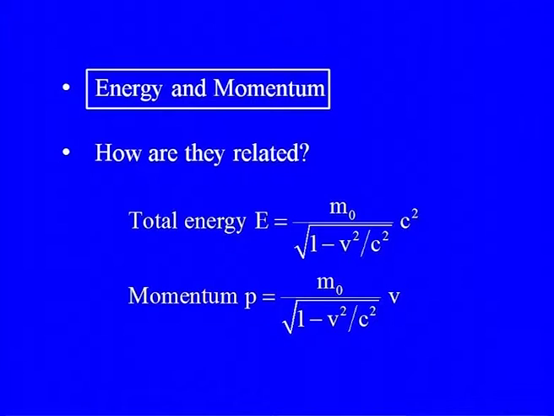If m0 is the rest mass of a body, then if it's moving at a certain velocity v, its mass becomes m0 divided by the square root of 1 minus v²/c². And consequently, we also have the momentum defined as the mass multiplied by the velocity, but the mass here is again velocity dependent. So how about the relation between them?